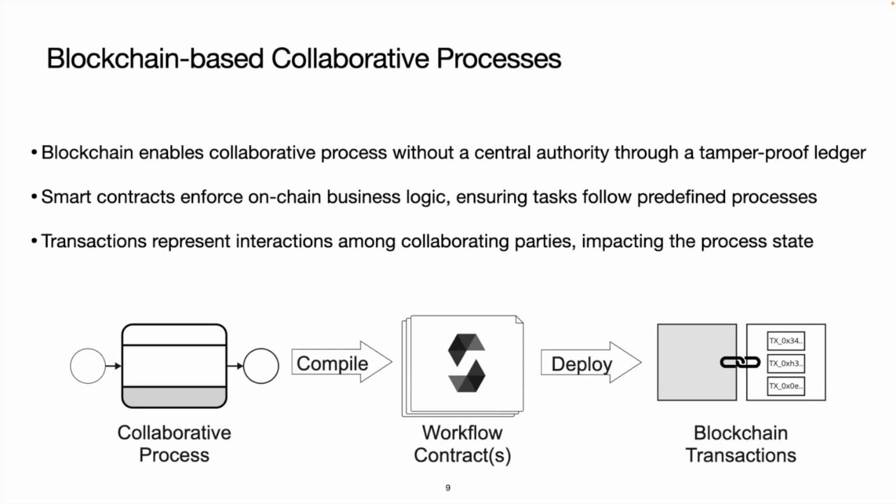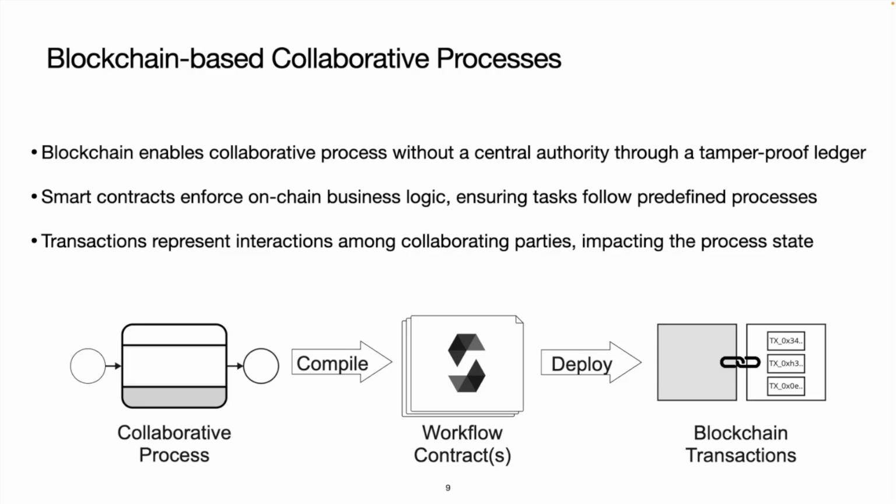The topic here is basically that we take this process and deploy it on the blockchain. How do we deploy it on the blockchain? We compile it to code, and this code is what you've probably heard about as smart contracts. Smart contracts are executable code on the blockchain.